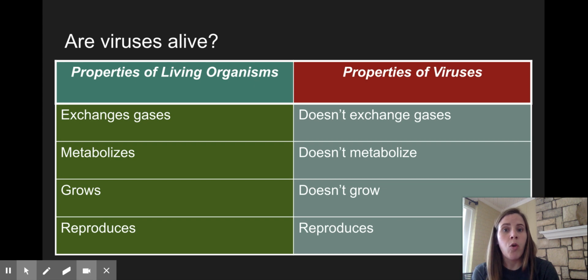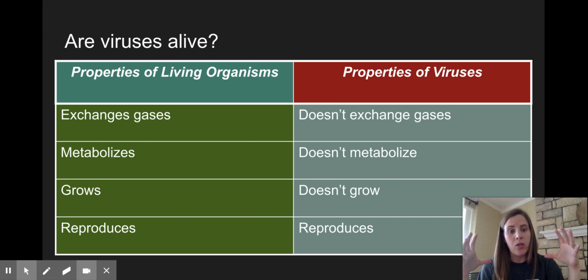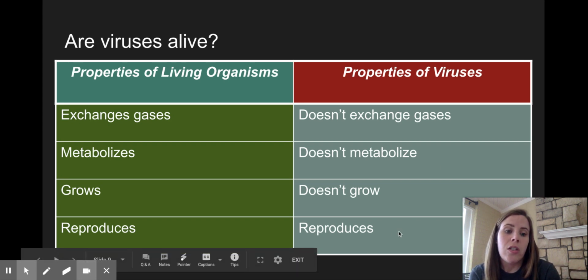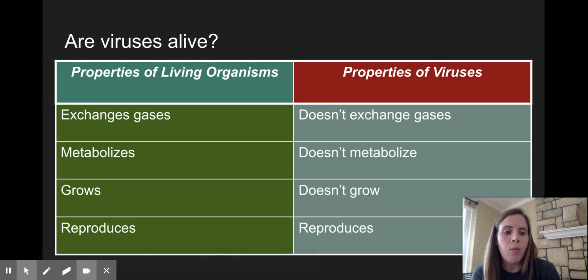Living organisms all grow in size through their lifespan. They increase in physical size. Viruses don't do that. We saw a couple slides back, they get assembled like a little Lego set would get assembled. You put all the pieces together and then it's built and it's done. The thing that viruses do, which is like living organisms, is they reproduce.